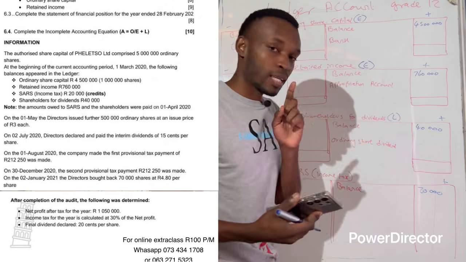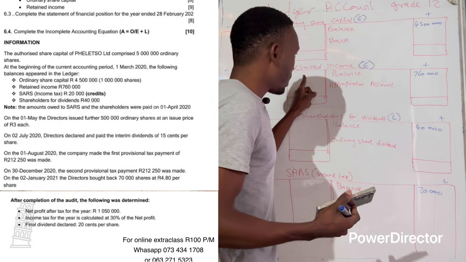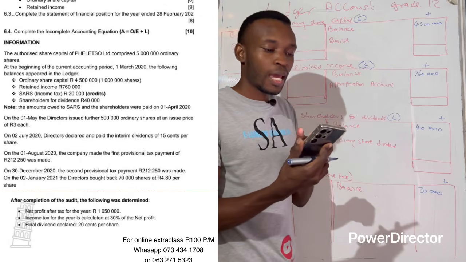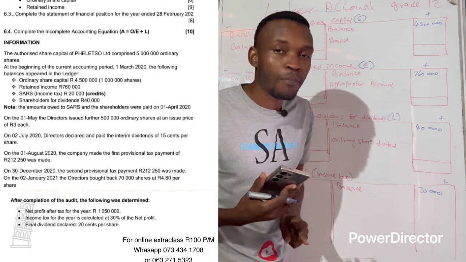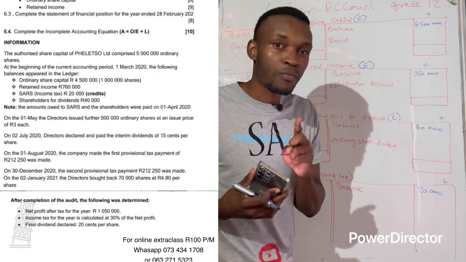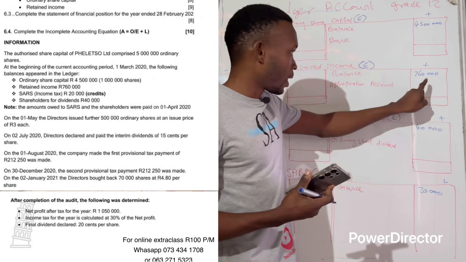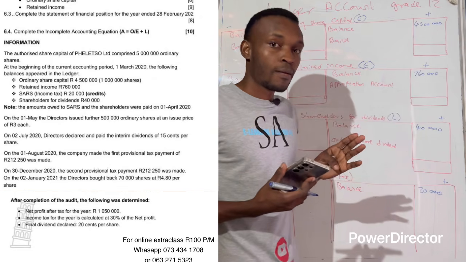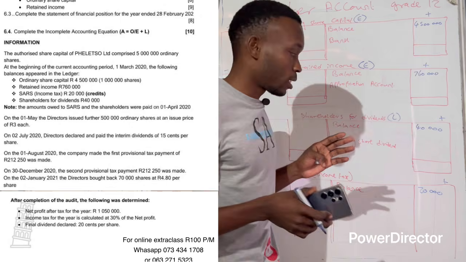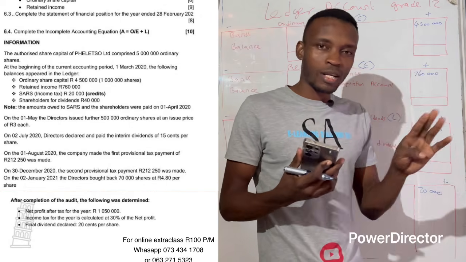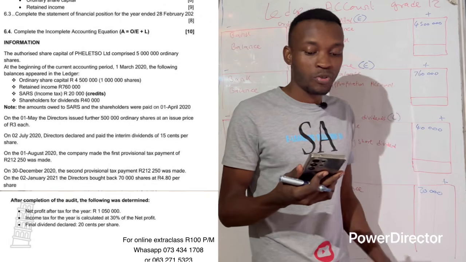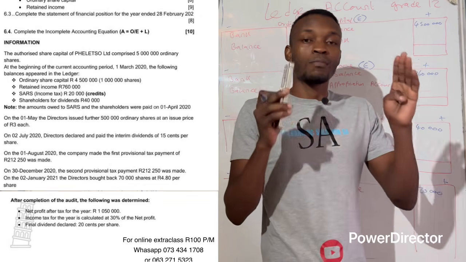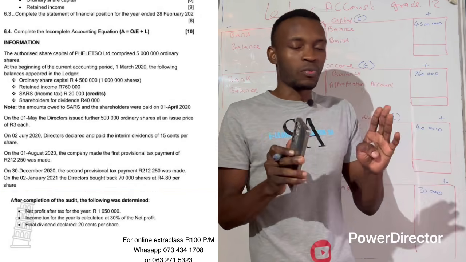For example, this retained income account, there is no way that we can complete it before we complete the appropriation account. We must finish the appropriation account first and we get the balance here. Unless maybe you are a smart student you can do it, but I don't encourage that. You must get the appropriation account first so that you will be 100% sure of what you are doing.